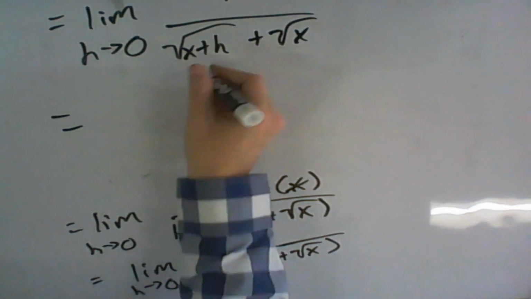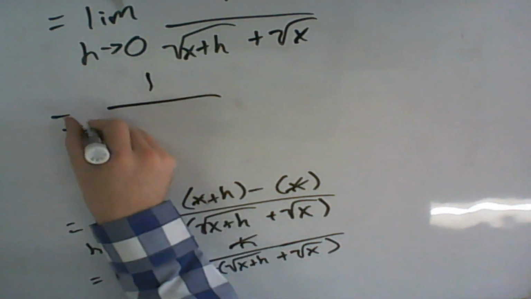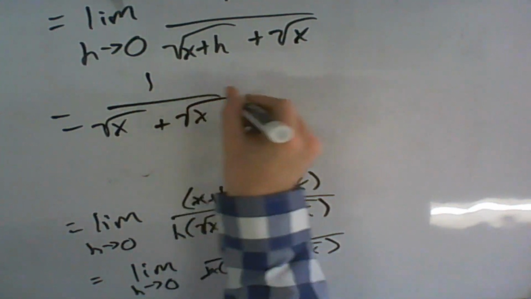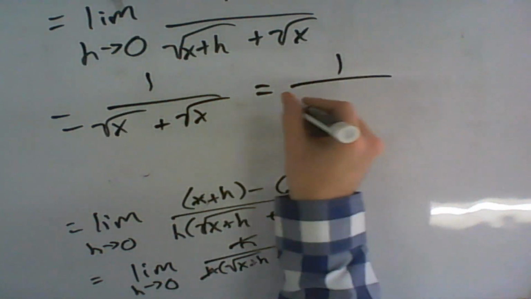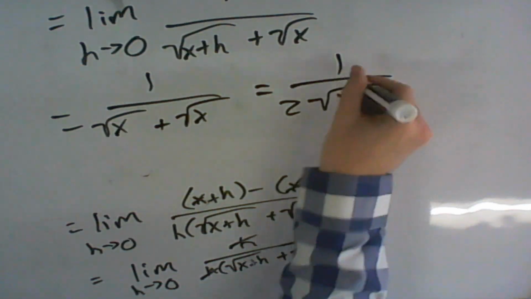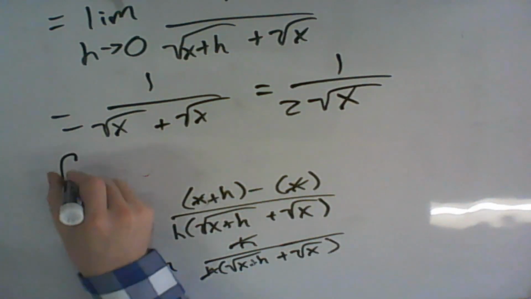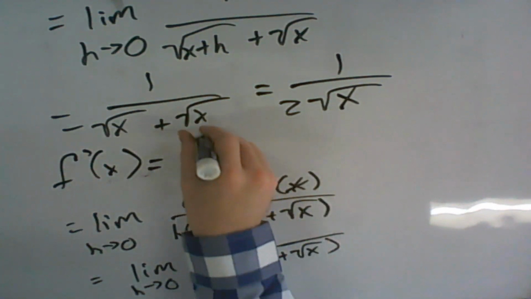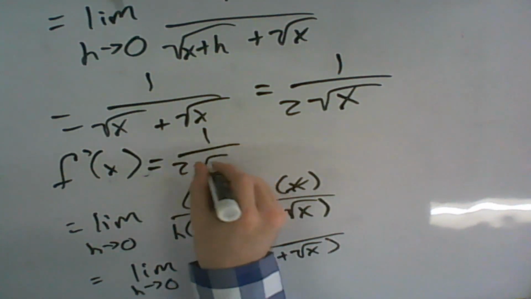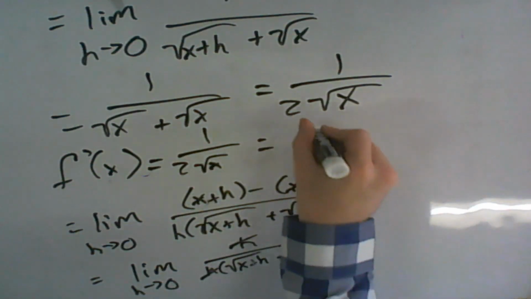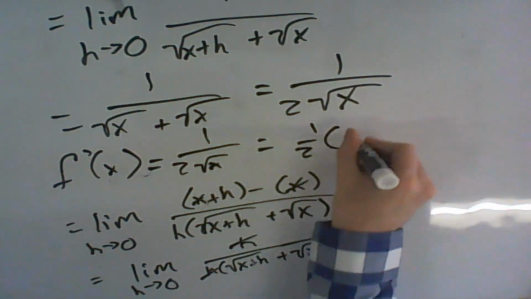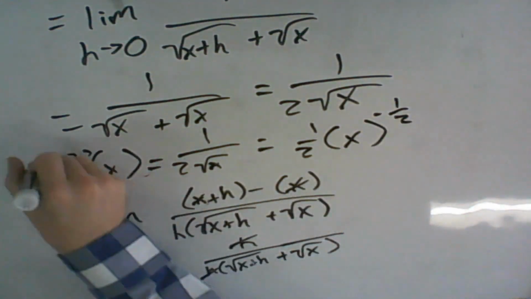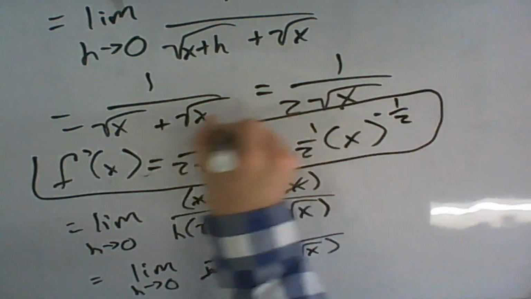Plugging in h equals 0, we get 1 over square root of x plus the square root of x. This equals 1 over 2 square root of x. So you say f prime of x equals either 1 over 2 root x or 1/2 x to the negative 1/2.